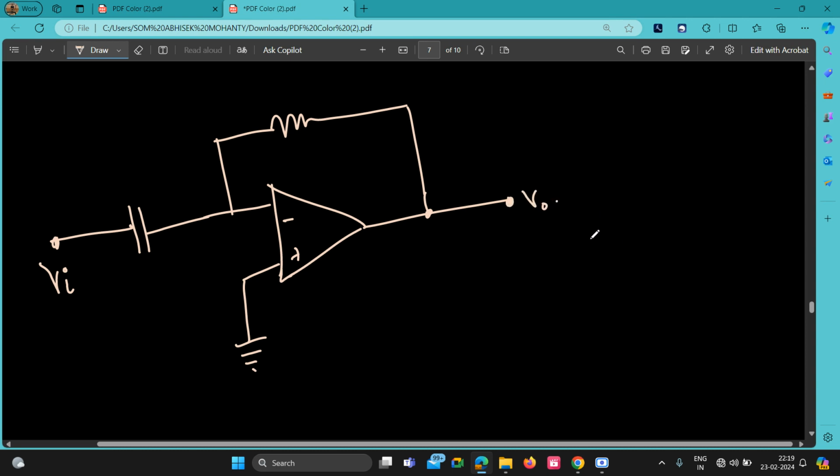If capacitance is connected to the input, it will be called a differentiator.